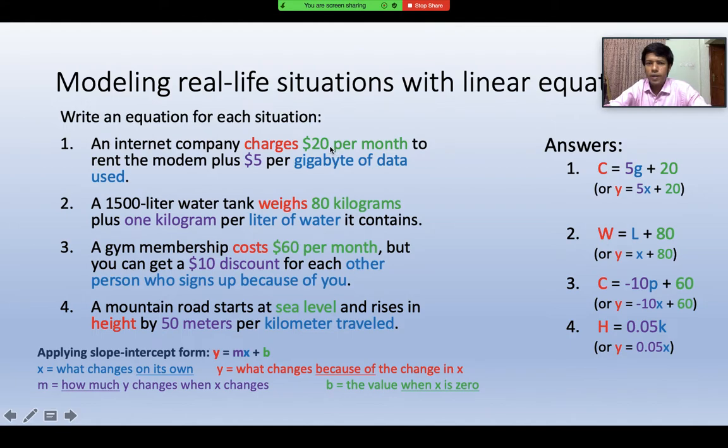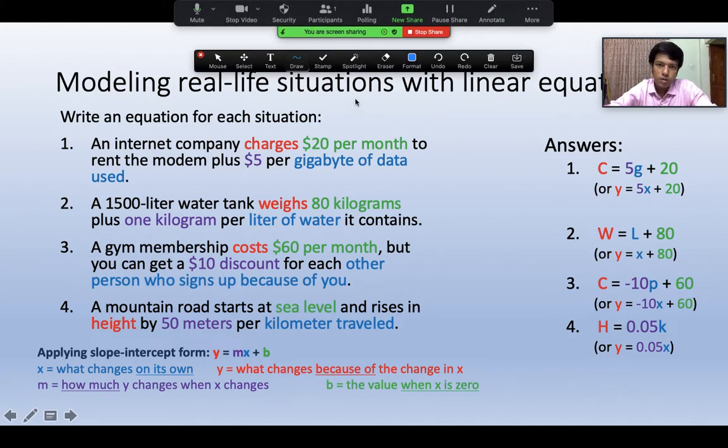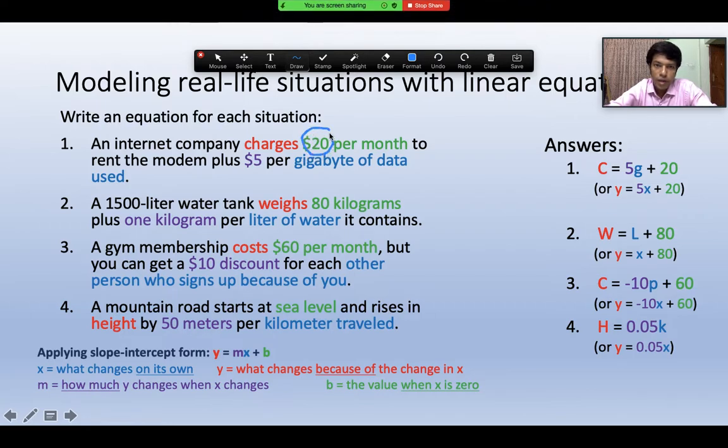That means, look at the situation here, this $20 is fixed. Why? Even if you do not use any gigabyte, suppose in one month you are not using their internet, just you have the line connection in your house, then you have to give them this $20. That's why this $20 is fixed and it is some separate bill.